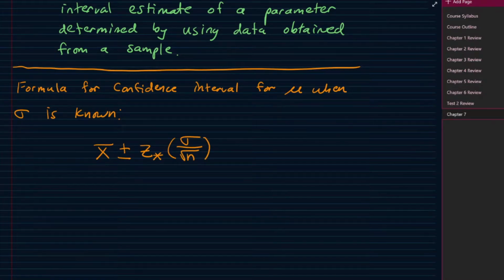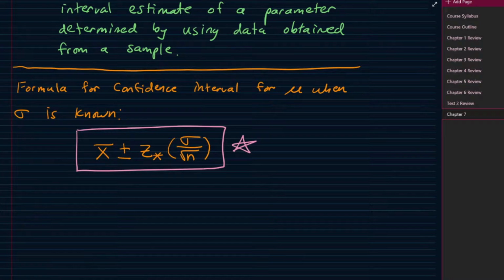This will give us the upper and lower bounds of the confidence interval depending on what confidence level we're looking for. And this z star value comes from whatever confidence level we're using.